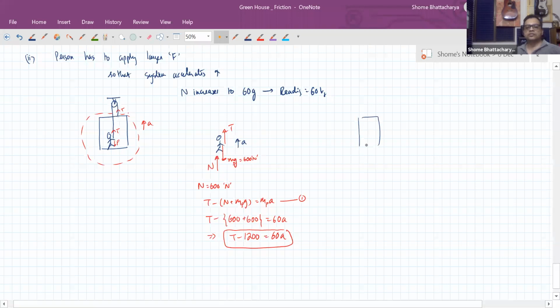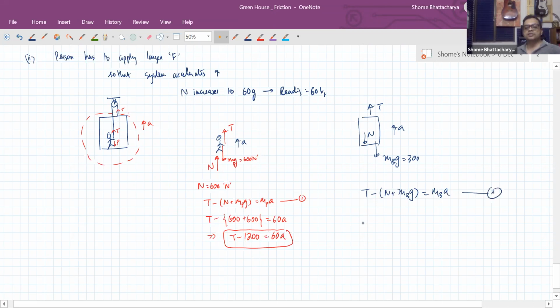Whereas the box should have the same acceleration upwards. On the box there is tension T acting, the same normal reaction downwards, and the weight of the box, which was 300 newtons. So for the box, T minus N plus weight of the box should be equal to mass of the box into the same acceleration.